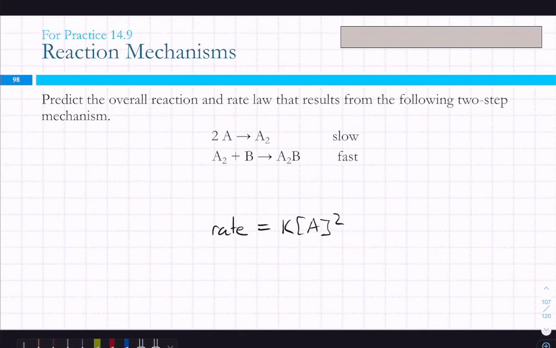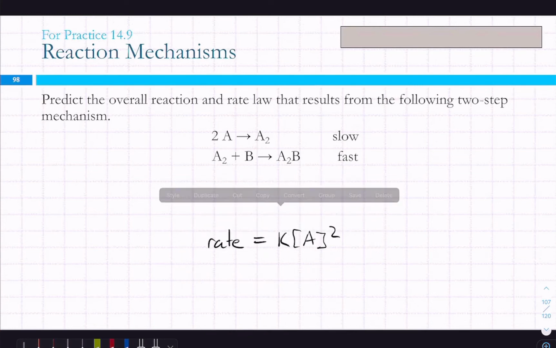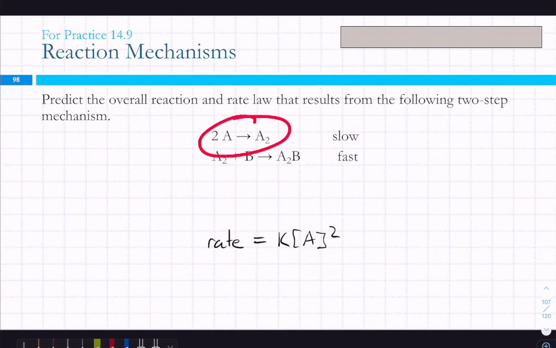That's our rate law. Yeah, and so because that first step is the slow one, we know that anything that comes out of this first step is going to be immediately used up by the second step. So it's going to have no bearing on the overall rate, how we get from our reactants to our final products.